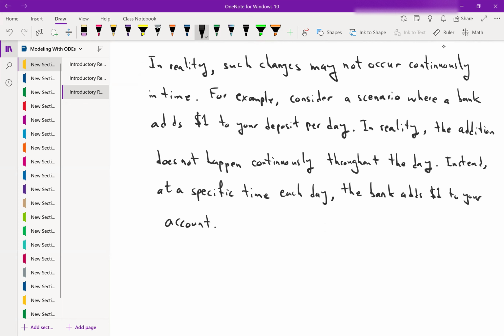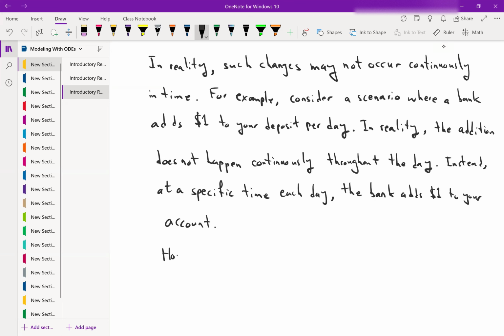And then in reality, what is happening is that there is a specific time during the day where the bank adds the $1. Now, let me tell you what we will do when we want to create an ODE model, where the unknown is the amount of money that you have in the bank.